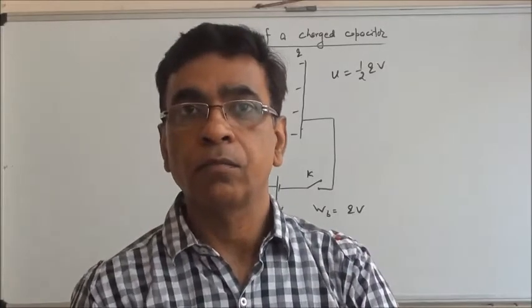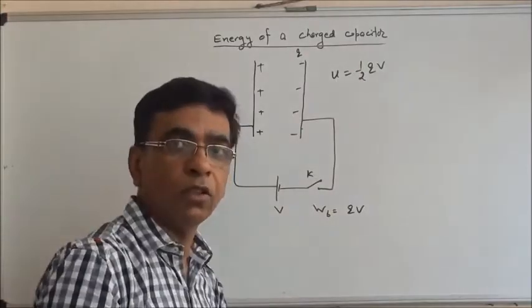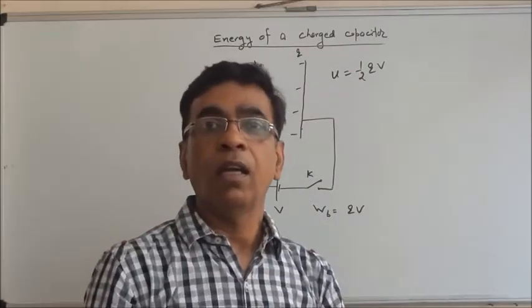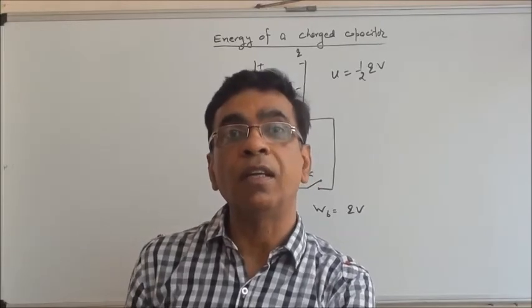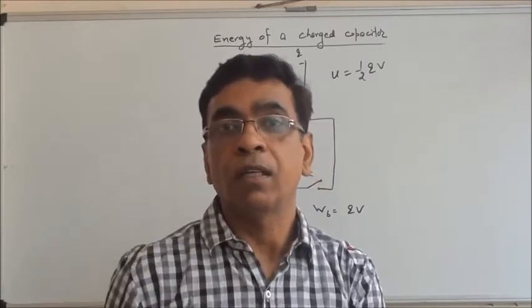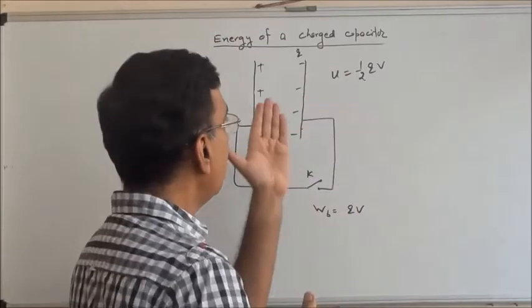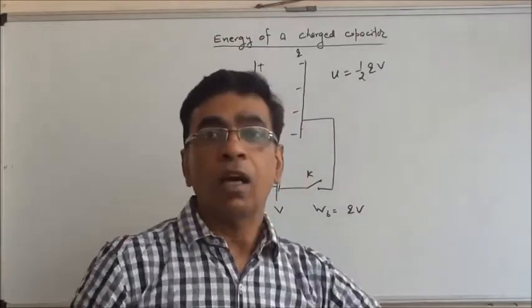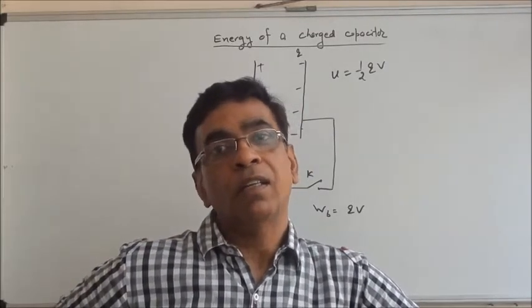The wire gets heated. So half of the energy is going basically as heat energy and also radiated as electromagnetic waves. So half QV is stored in the capacitor and half QV is lost as heat or electromagnetic radiation.